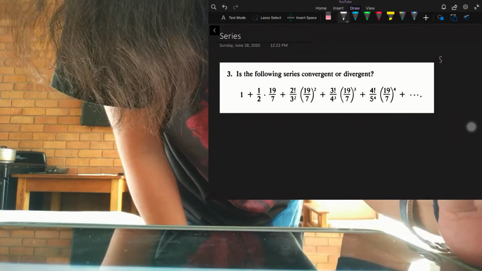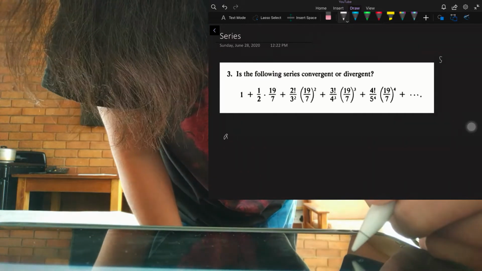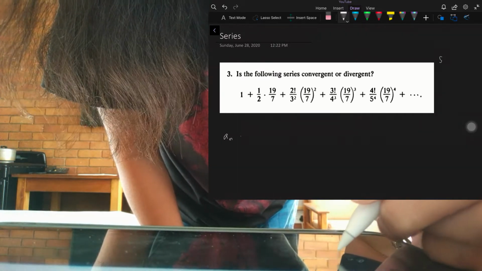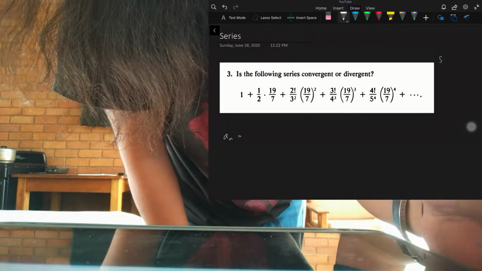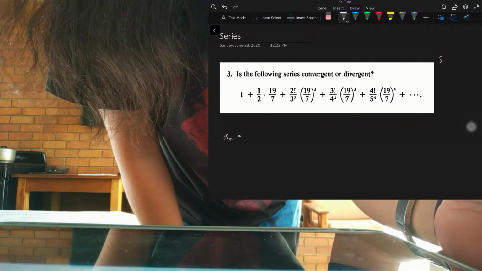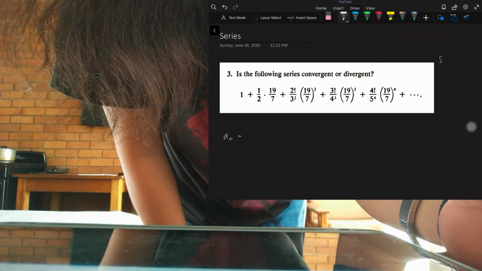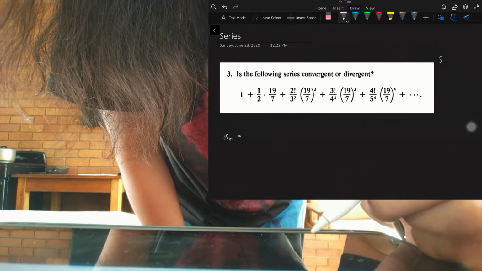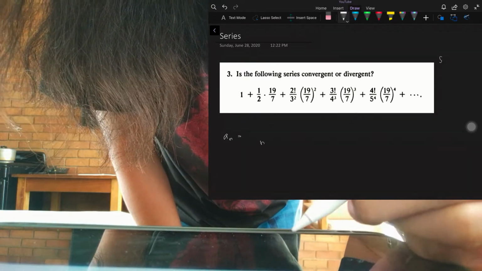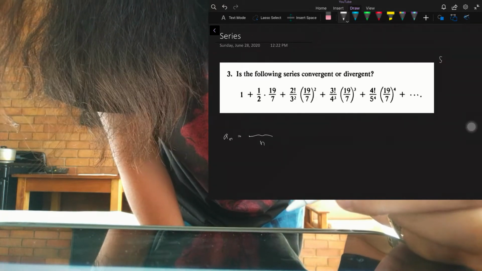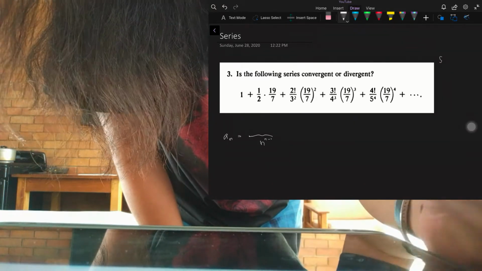Okay, so let's write first how this series looks. For any nth term, with the first term being n equals 1, in the denominator the first coefficients go 1, 2, 3, 4, so you have n in the denominator, raised to the n minus 1.